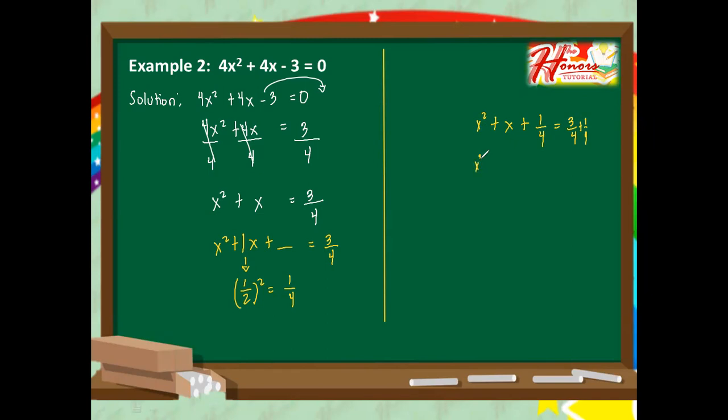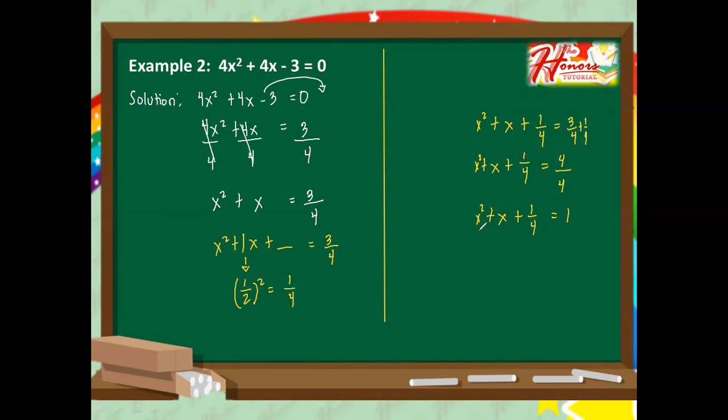So we have here x squared plus x plus 1 over 4 equals, since this is a similar fraction, just add the numerators. So we have here 3 plus 1, that's 4 over 4. Let's continue simplifying this. So we have here x squared plus x plus 1 over 4 is equal to 1.